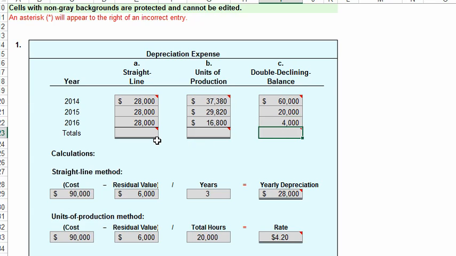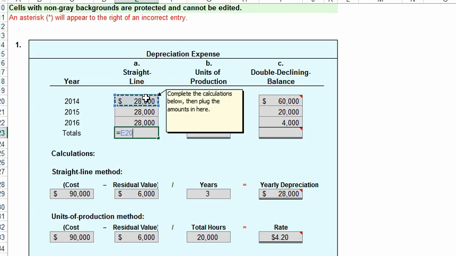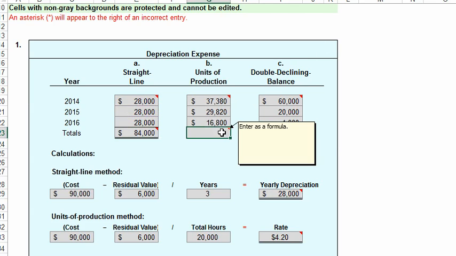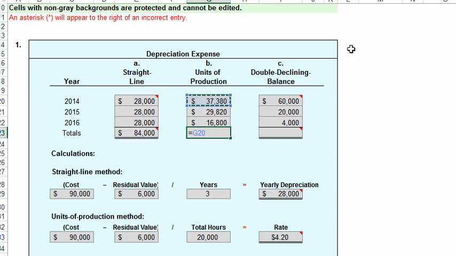Now we want to total each of the three methods. Equals that one plus that one plus that one, and that gives us 84,000. Let's do the same thing here. Equal to 2014 plus 2015 plus 2016.